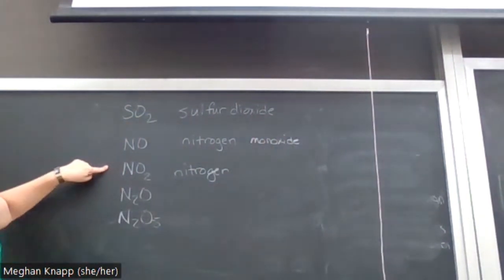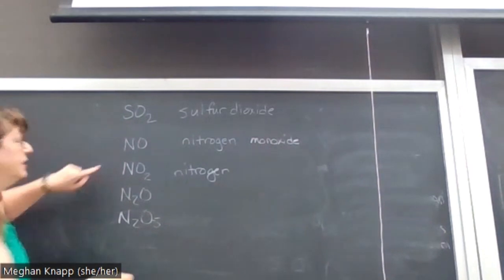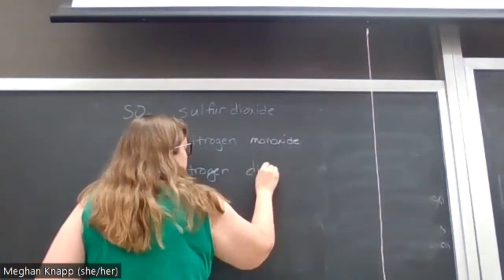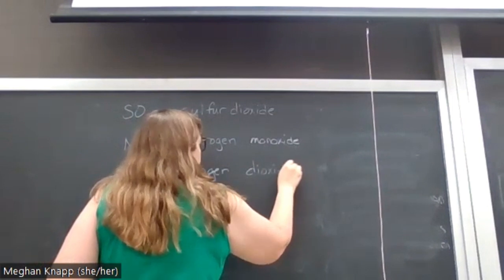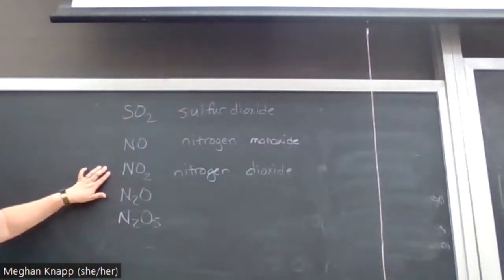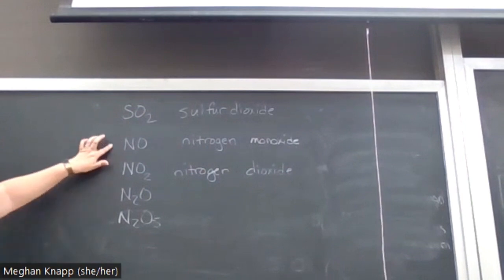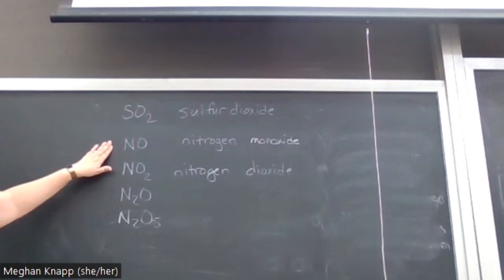And the next one is nitrogen dioxide. So this one is very commonly found in pollutants in smog. It has kind of an orangey color to it. This one can also be formed similarly, but it's actually used in some different kinds of medications. So it can be important medically as well.